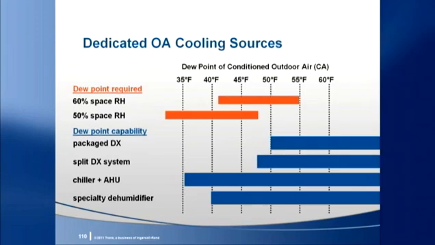So the cooling source used might be influenced by the dew point required. The need for even drier air may necessitate the use of a specialty mechanical or desiccant dehumidifier. Let's start by discussing packaged and split DX configurations and then follow with chilled water configurations.